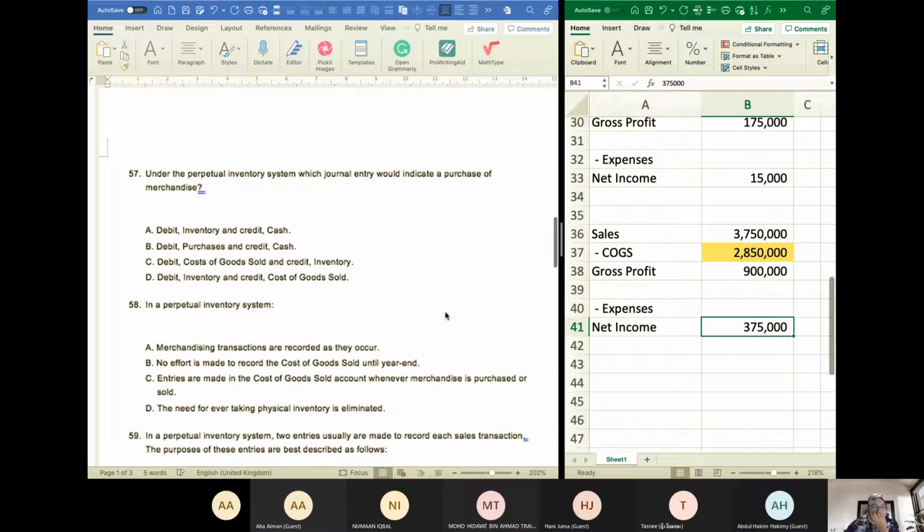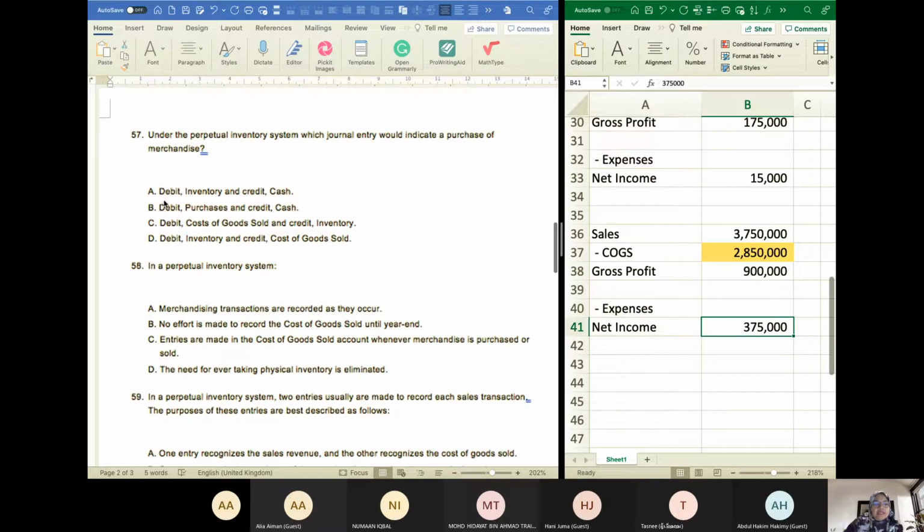Alright. Okay, next. Under perpetual inventory system, which journal entry indicates a purchase of merchandise? When you purchase merchandise, what would be your journal entry? A, debit inventory, credit cash. So in this case, you purchase on cash.